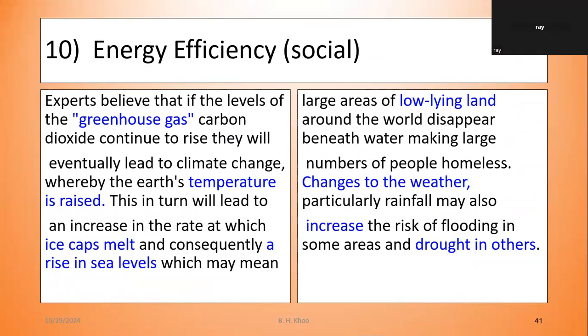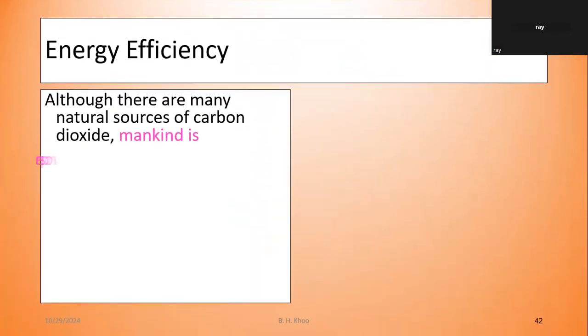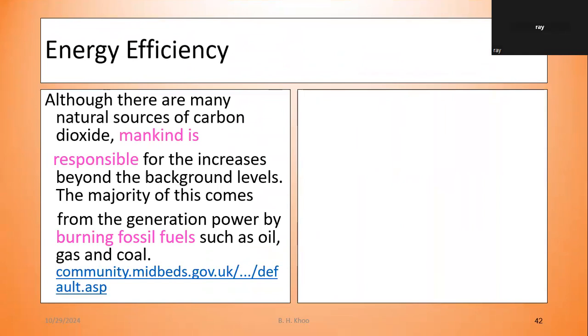So the water level will rise. So it poses danger to those staying in low-lying areas in coastal regions. So we have to reduce the consumption of fossil fuel. That's why we are going to renewable energy.